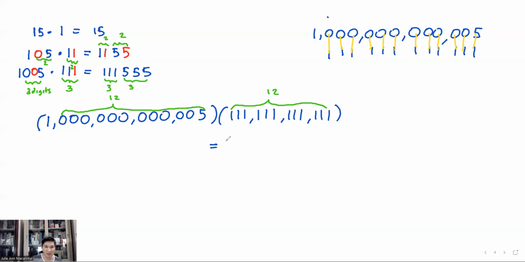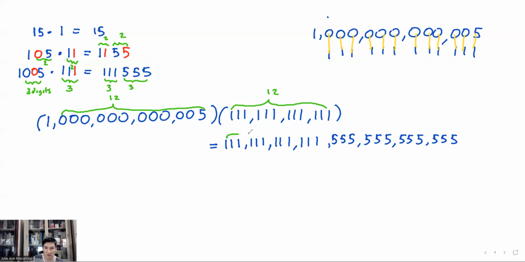So my answer is supposed to be 12 ones and 12 fives. 1 2 3 4 5 6 7 8 9 10 11 12.